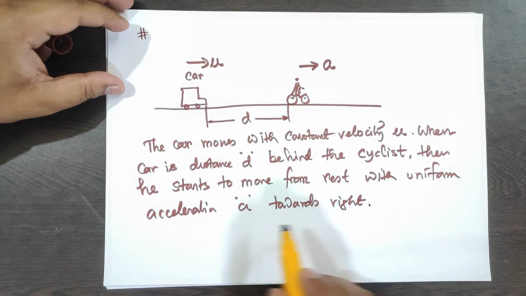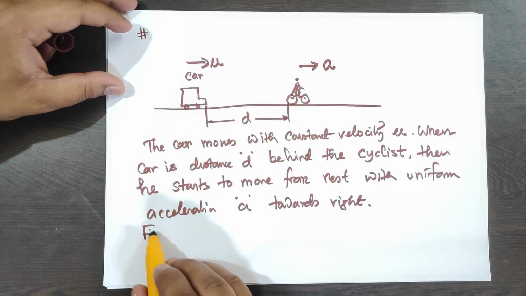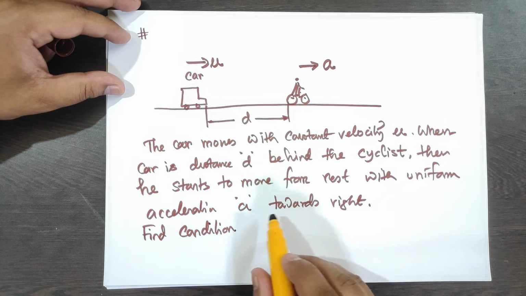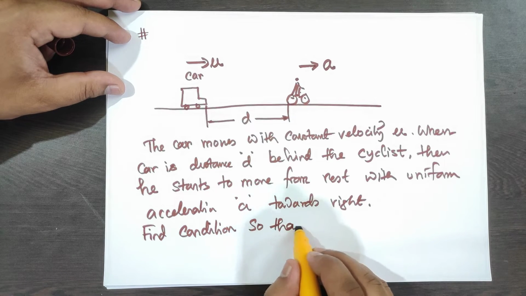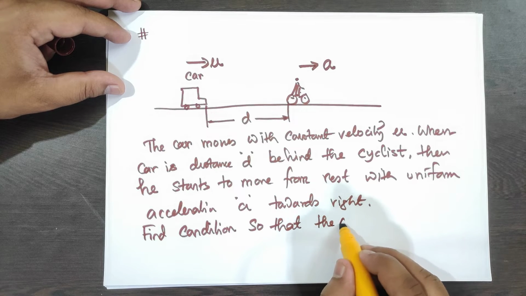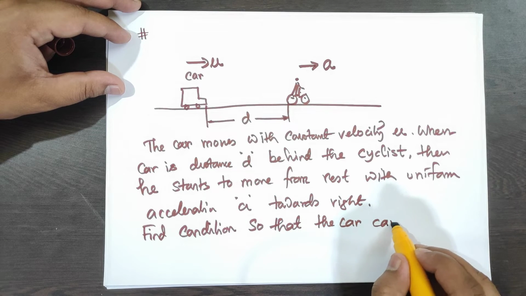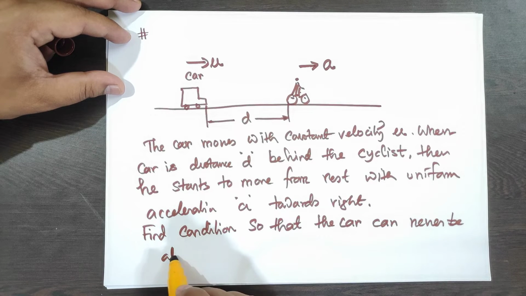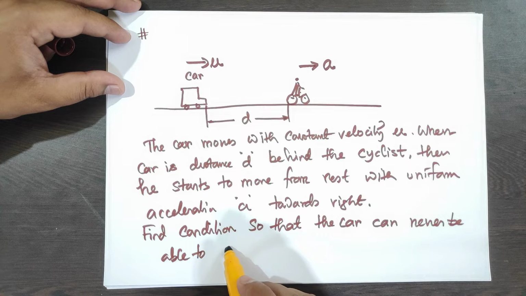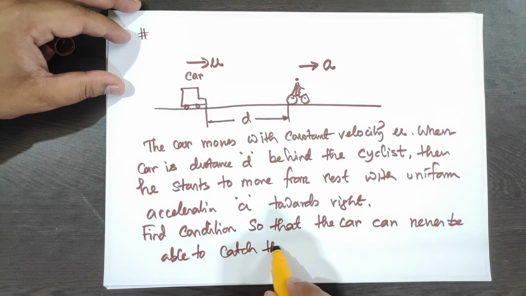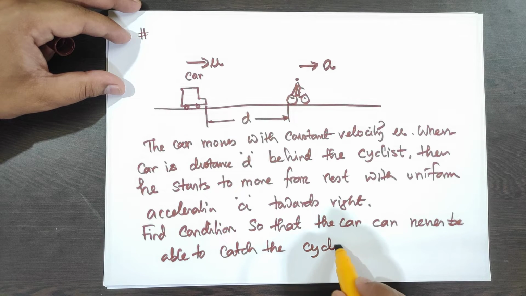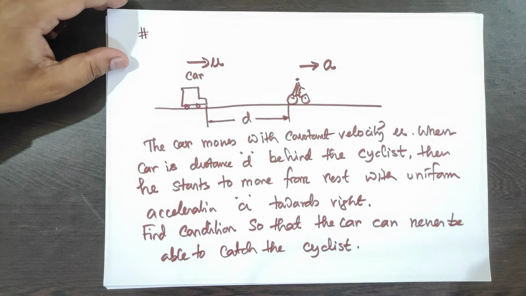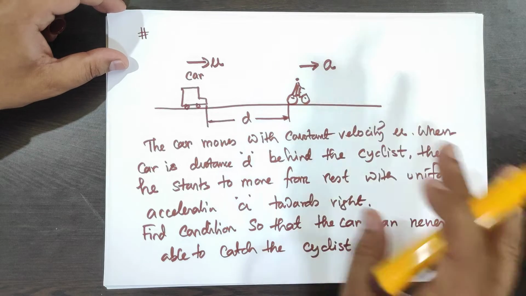Now you have to find a condition so that the car can never be able to catch the cyclist. This is the problem.